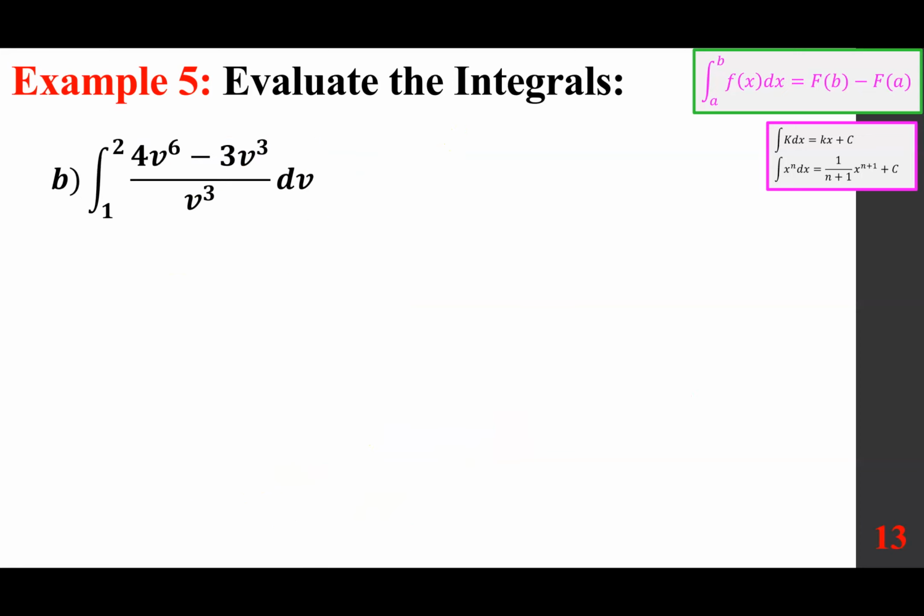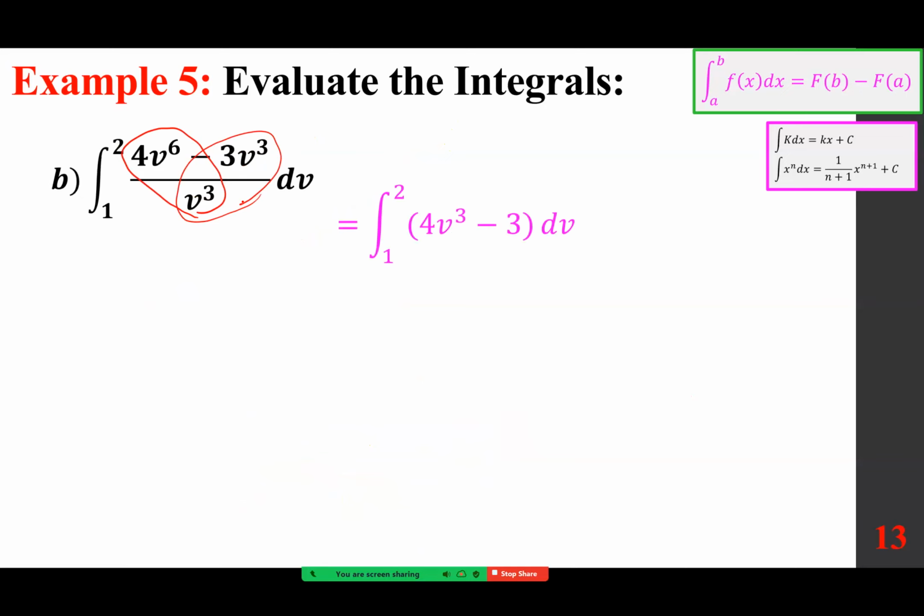We want to evaluate this integral. And as we did with the differentiation, first we use the algebraic technique to write this one as 4v cubed minus this one as minus 3. So first we do algebraic techniques.